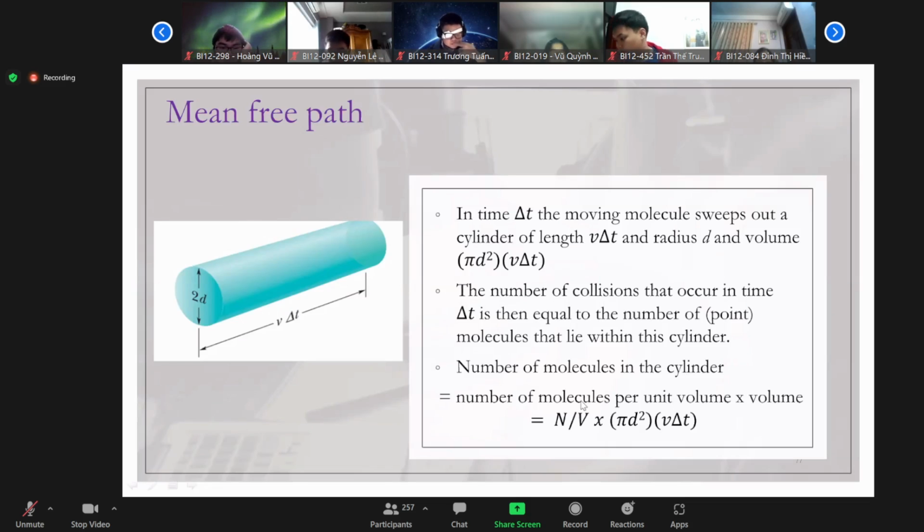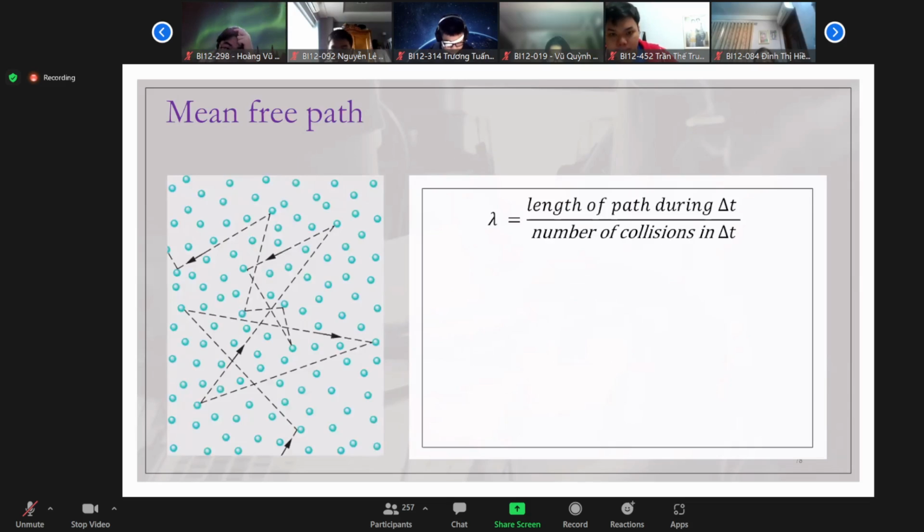So remember, please, once again, write it down. Here we have the number of molecules in the cylinder. This is also the number of collisions that occur in time delta t. Good. If you are able to follow until here, then you should be able to determine the mean free path, lambda.